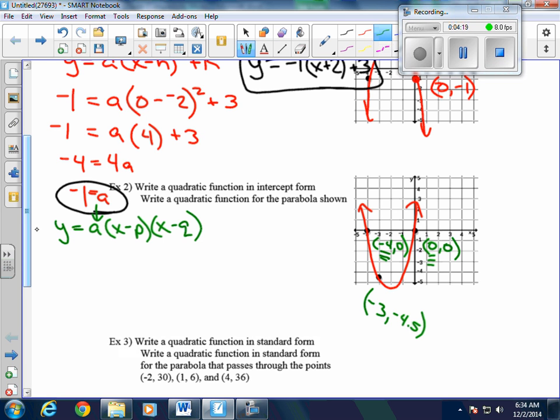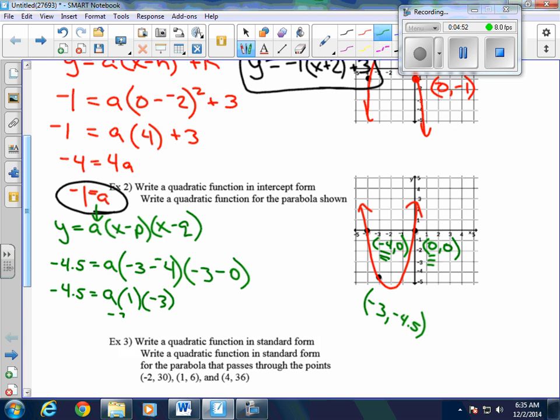So I know my y value is -4.5. My a is what I'm solving for. x is -3 minus my intercept, the first one is -4. And then again, x is -3 minus 0. So now we're going to simplify this, solve for a, and then plug it back in. So -4.5 equals a times 1 times -3.